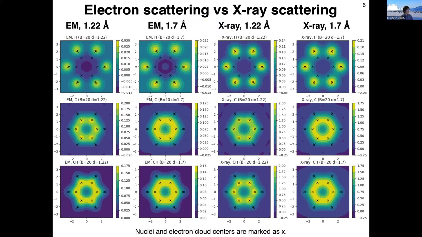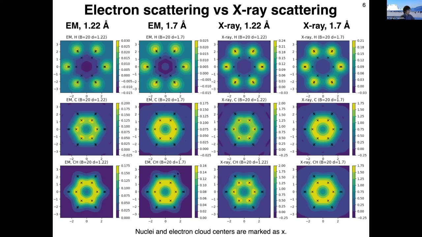And here, I am showing the simulated benzene density for EM and X-ray at 1.22 and 1.7 angstrom resolution. The top row is hydrogen only density, the middle row is carbon only density, and the bottom row is the complete benzene molecule. As you can see, hydrogen density is more prominent in EM than X-ray.